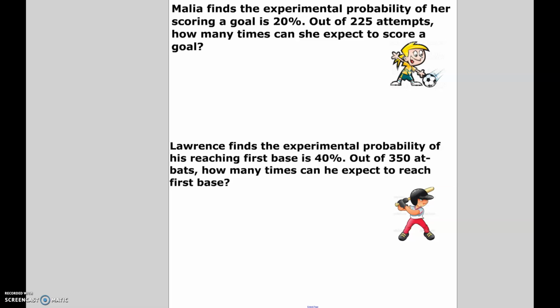If she continues playing soccer and tries 225 more times to make a goal, how many times can she expect to score a goal? When you see the word expect or predict, that's when you're going to make a proportion. So write in your notes: prediction. If the word problem says expect or predict, you're going to use a proportion.